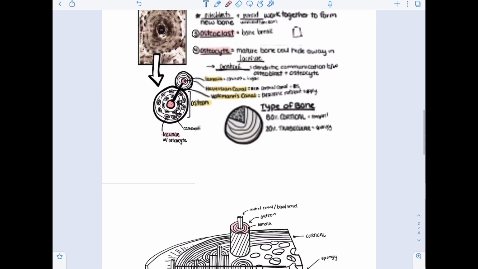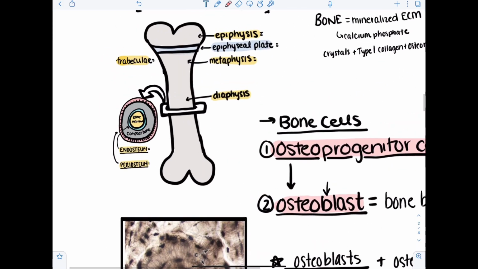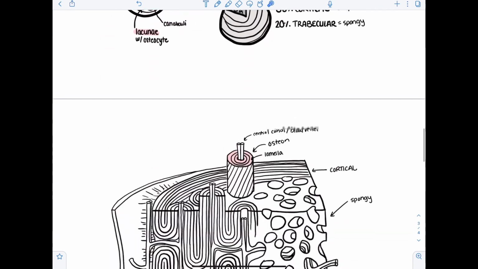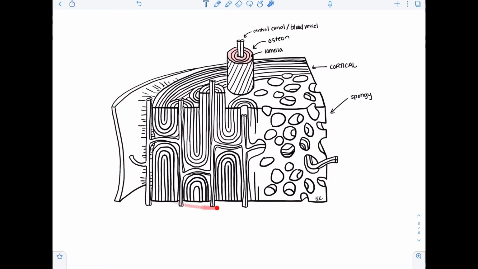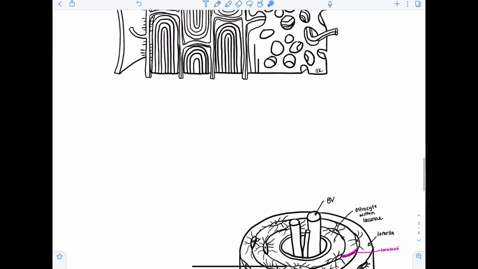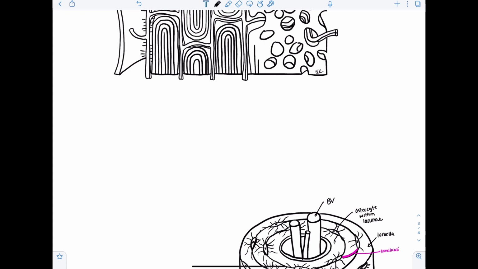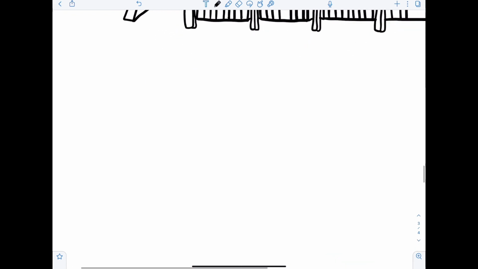So now I have a little tiny picture here, but I want to draw a bigger version of this. Let's look at the parts that make up a bone that you need to be responsible for. If I were to break this down as if I was drawing a bone for you, the first part of a standard cartoon bone is this part right here. This part of the bone is known as the epiphysis.